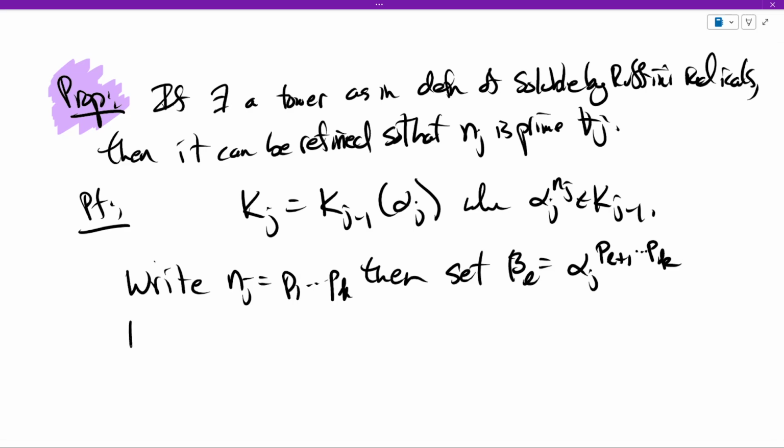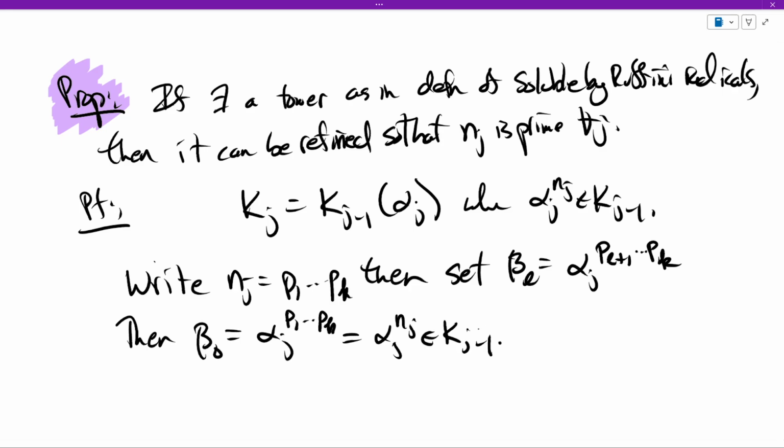All right, so then what? Well, beta 0 is just alpha j to the product of all the primes after 0, and that's just nj itself. So that's alpha j to the nj, that's in kj minus 1. And when we add in the next one, beta 1, that's going to be alpha j to the p2 through pk.